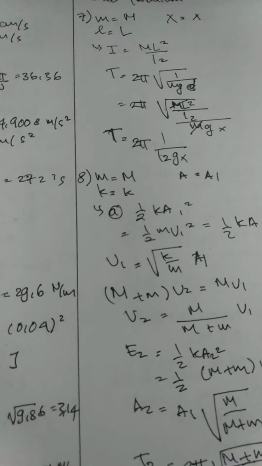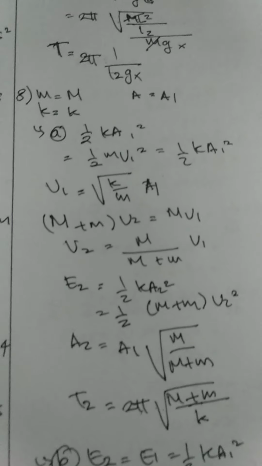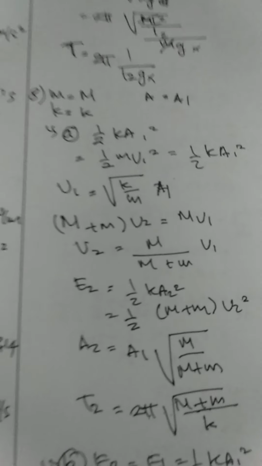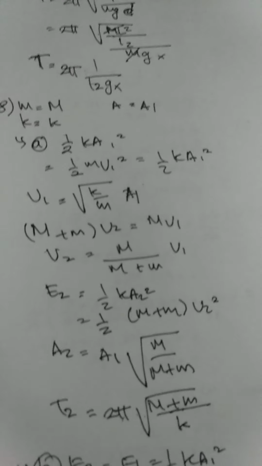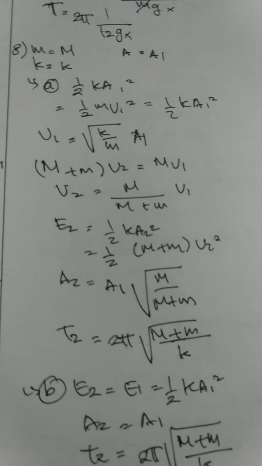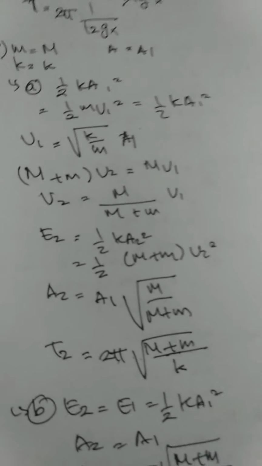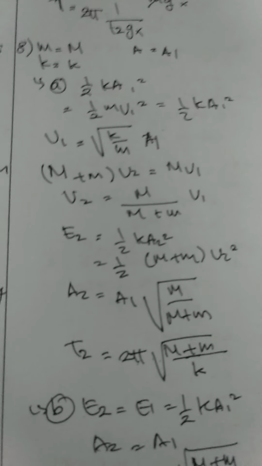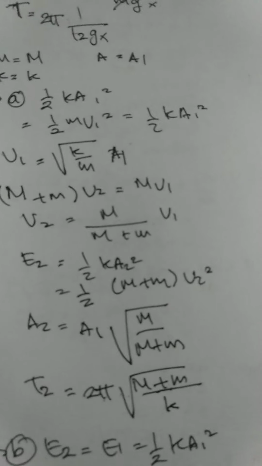The next question: we identify m equals m, k equals k, a equals a1. Find the new amplitude and period of the motion. We just use the potential energy. First, find the new amplitude and period of motion. 1/2 K a1 square.